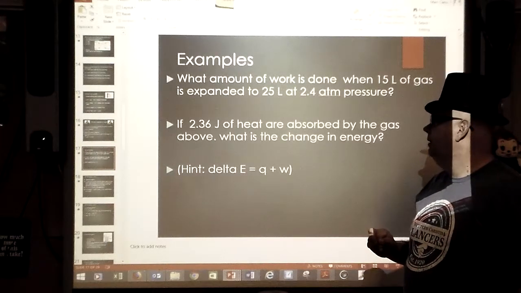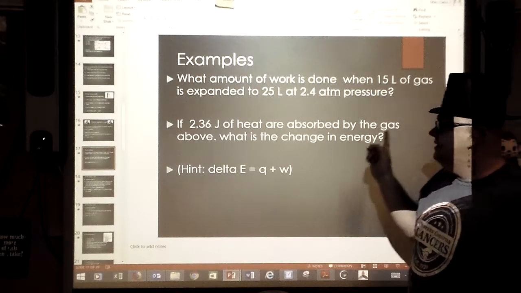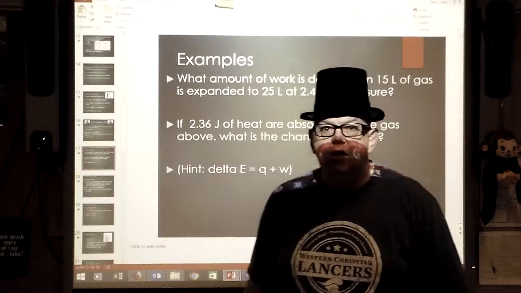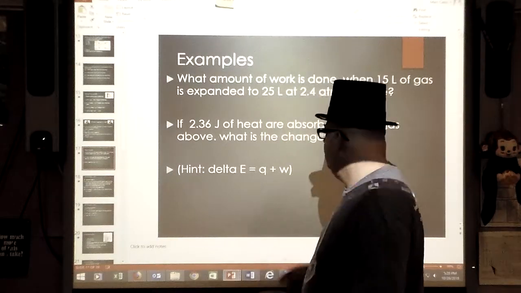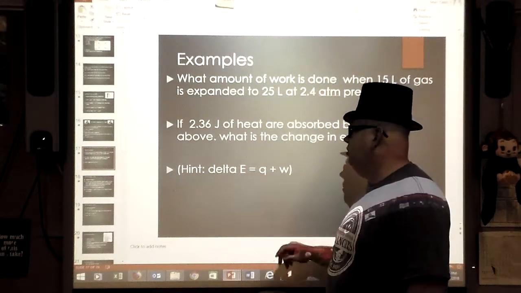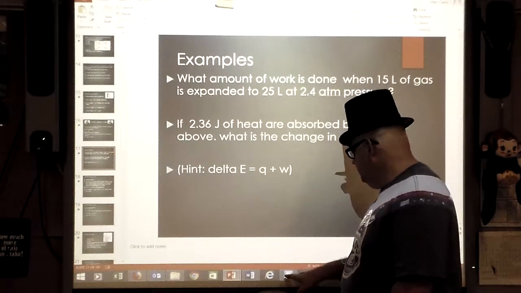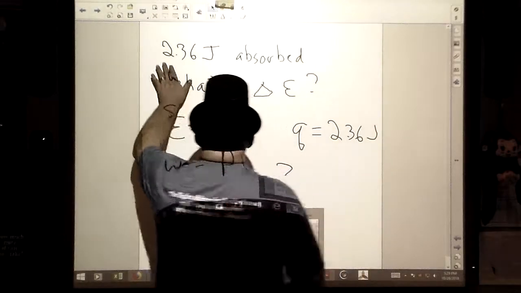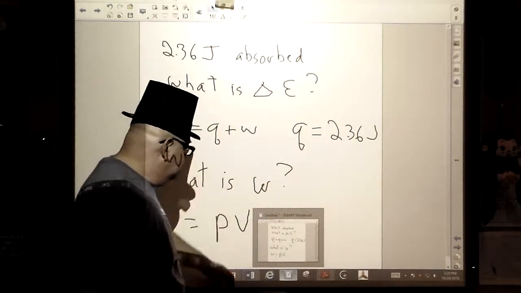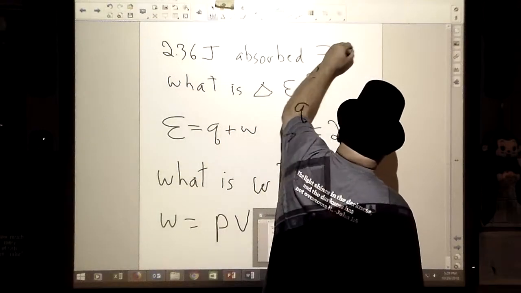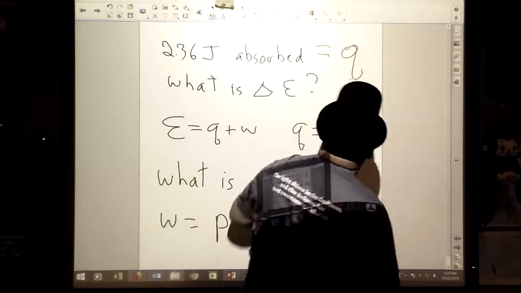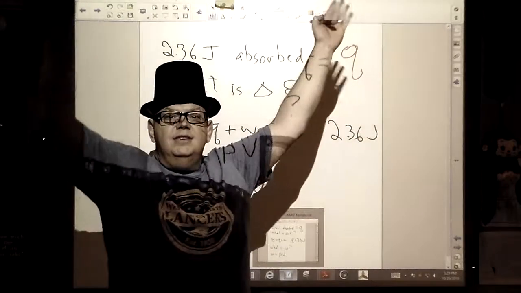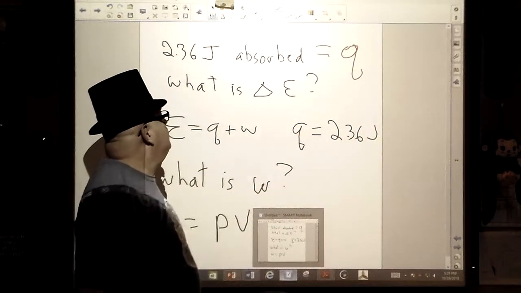Well, yes, there's a change in energy, and the hint here is delta E. Remember, delta E is our change in energy, and that's going to equal Q plus W. Now, let's go over to here. We have 2.36 joules absorbed. Guess what, guys? That's our Q, because it's the heat. 2.36 joules have been absorbed.